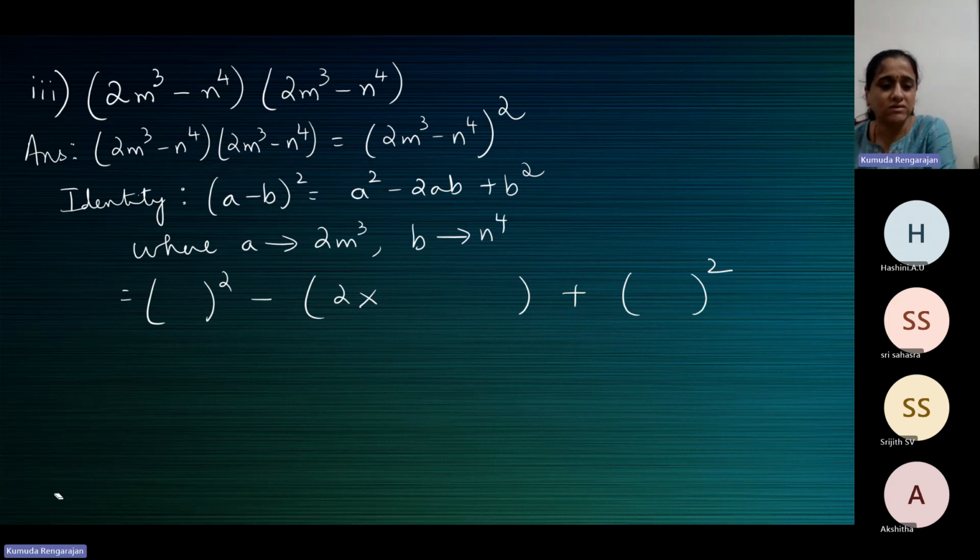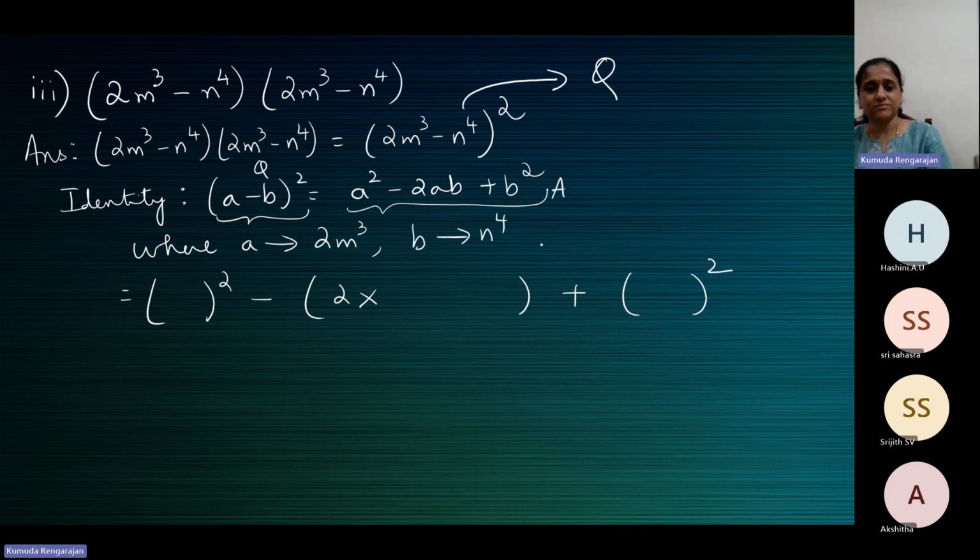This is the question, 2m cubed minus n to the power 4 the whole square. So a minus b the whole square, this is the answer. Correct? Yes, ma'am.